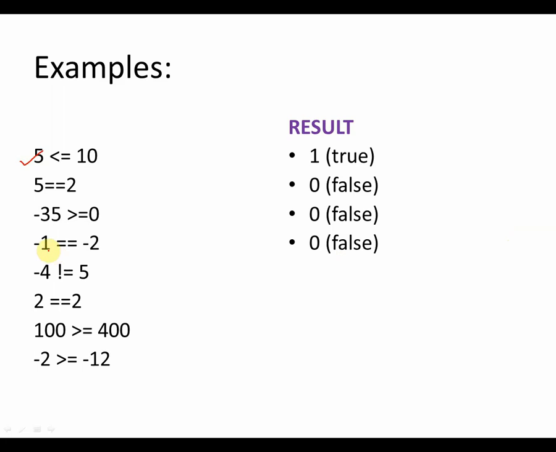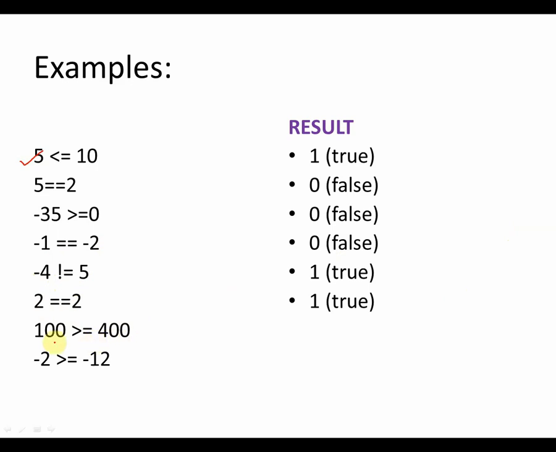Also false because these two are different numbers and they are not equal to each other. The next thing, minus 4 not equal to 5. Now this expression is true. The next one, 2 equal to 2. This is how we write equal to. So this is also true because both the numbers in the expression are the same.